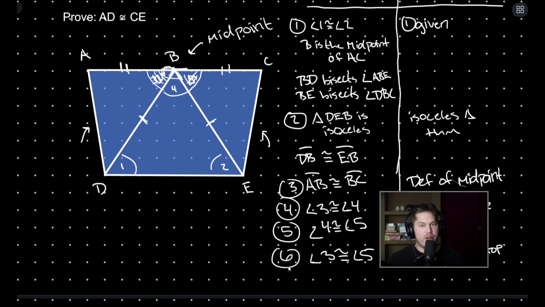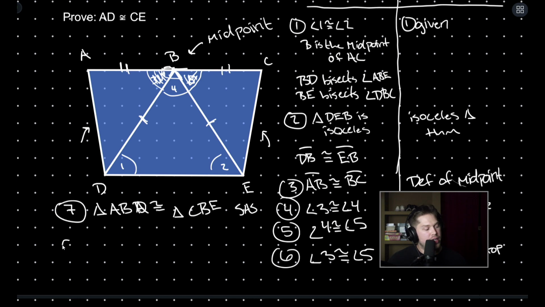Here we kind of ran out of space, and I can see that I'm in the way. So here I'll write the last two lines over here. The last two lines are that triangle ABD is congruent to triangle CBE, and the justification is by side angle side.